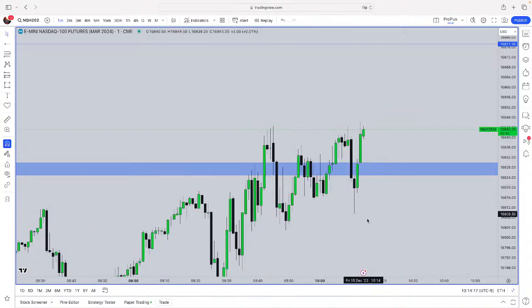So here, it makes a low low, then a high high. So this candle here is a breaker. Let's see how it reacts.